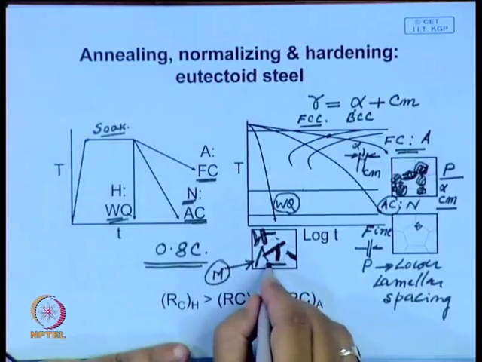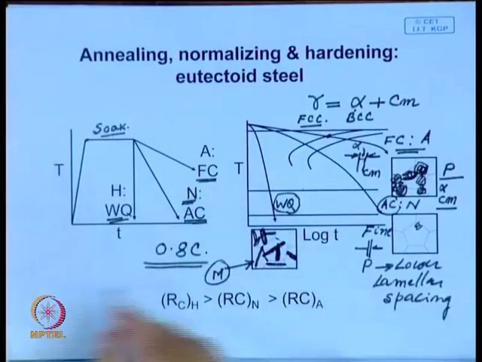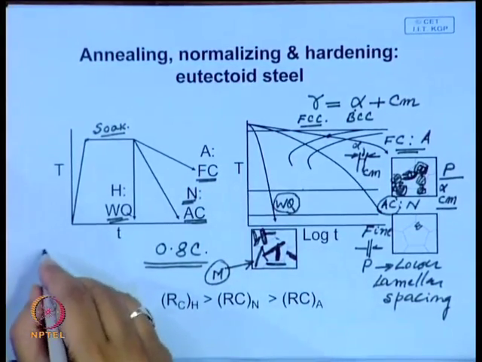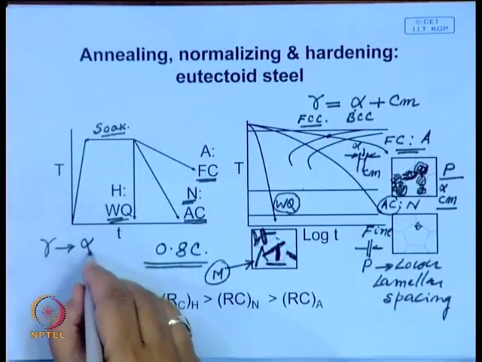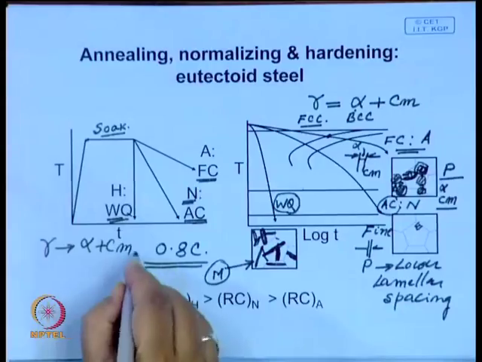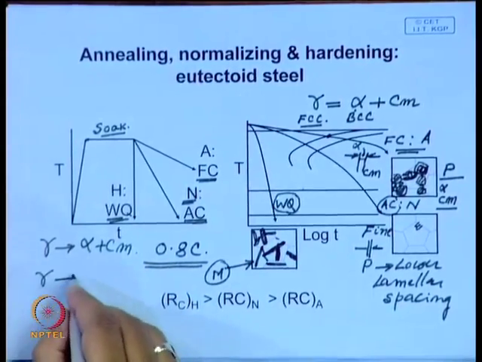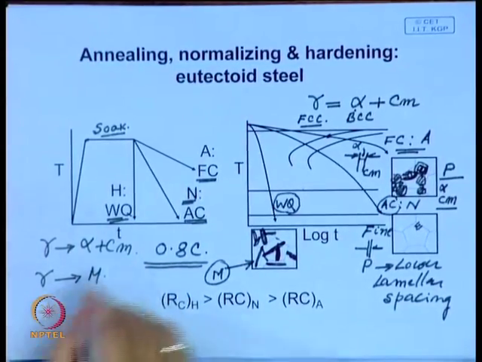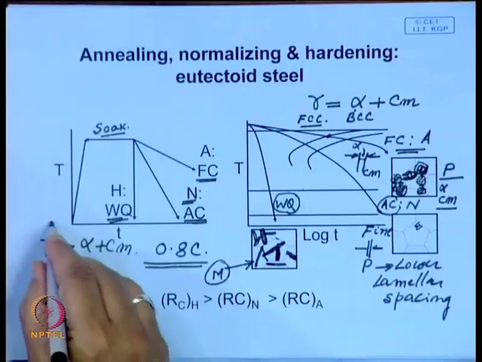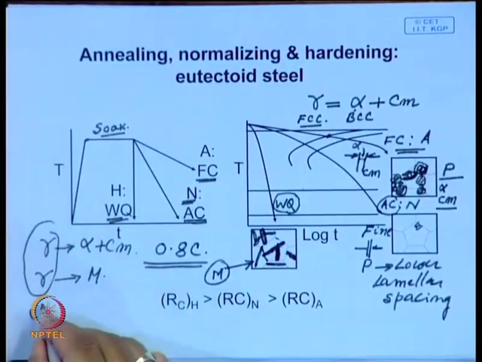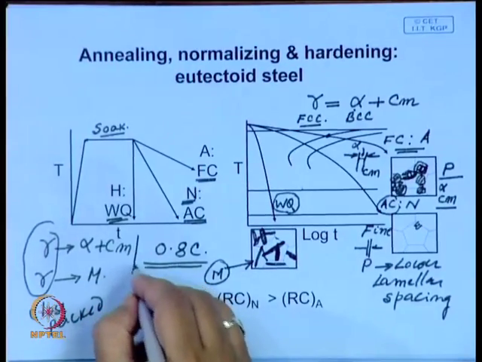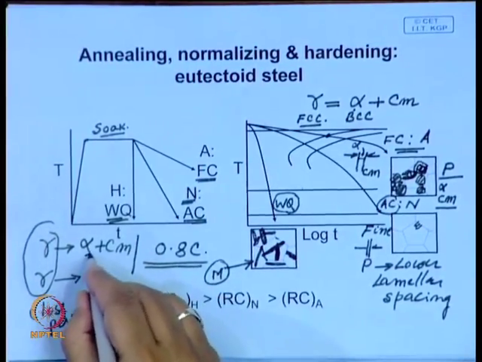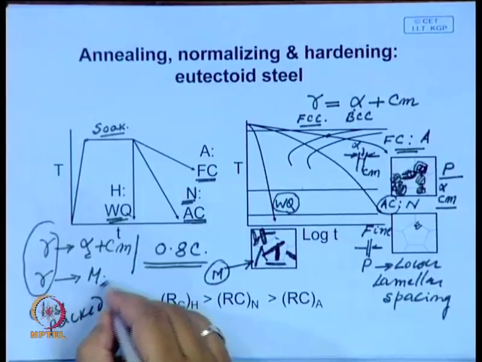Now, whenever these needles develop, in any decomposition process, whether it is austenite to ferrite plus cementite, or whether it is austenite to martensite, you look at this: on this side you have a close packed structure, and when this product forms, this is BCC, it is rather open.